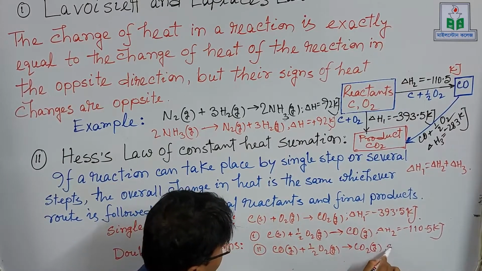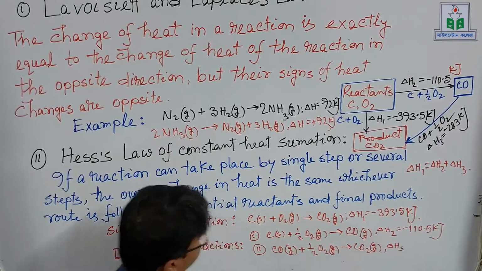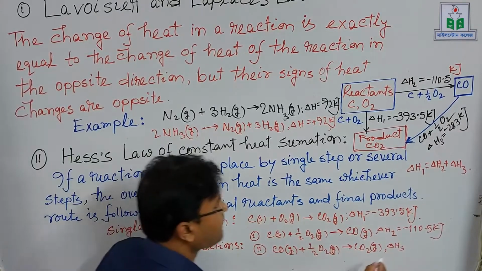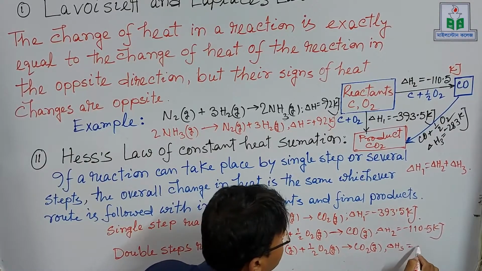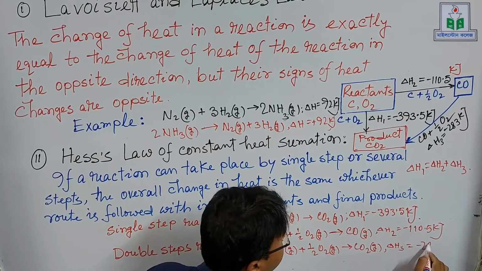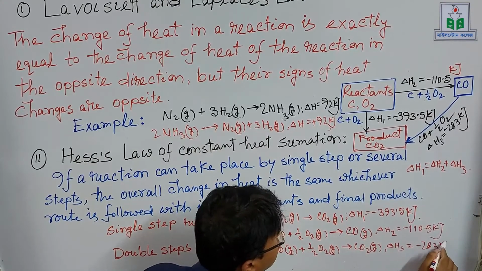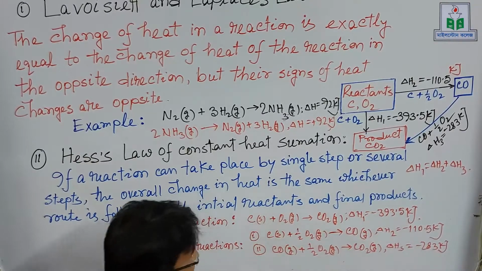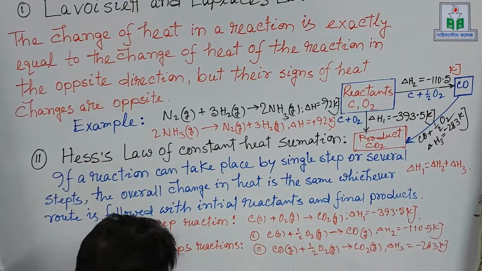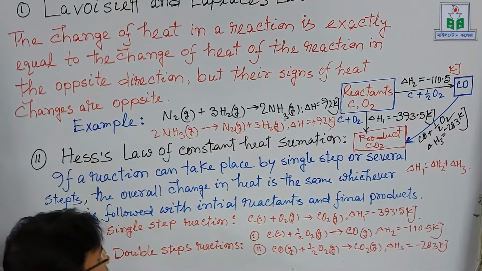Here delta H3 equals minus 283 kilojoule.